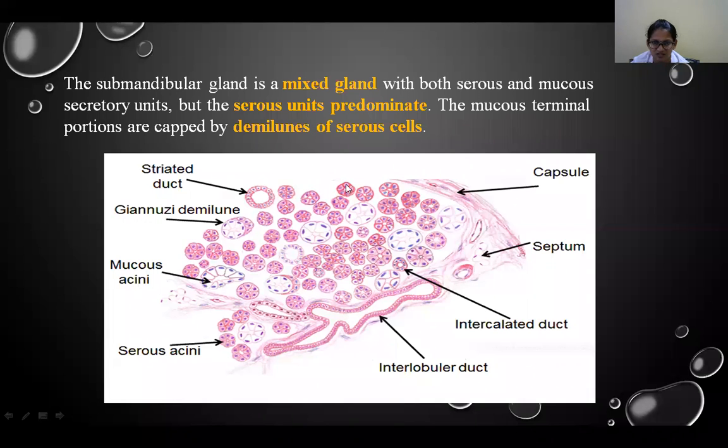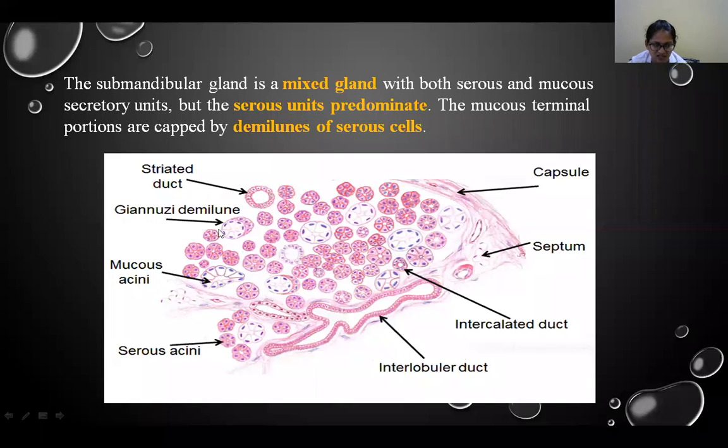All these are the serous cells, whereas these are the mucous cells. Mucous cells are less in number when compared to the serous cells.